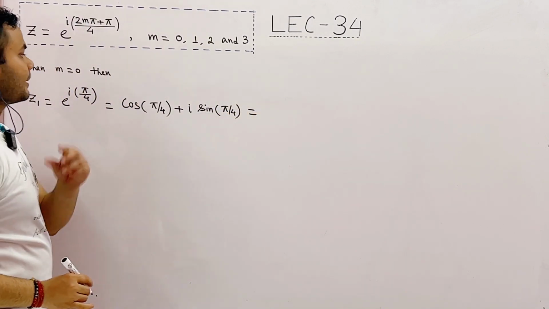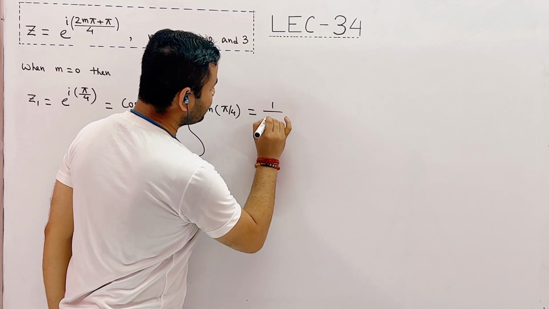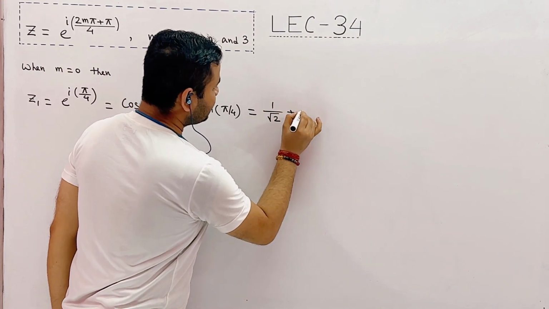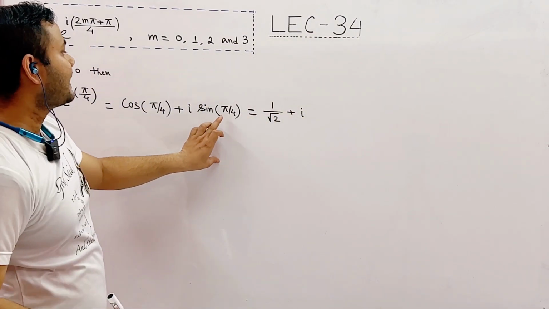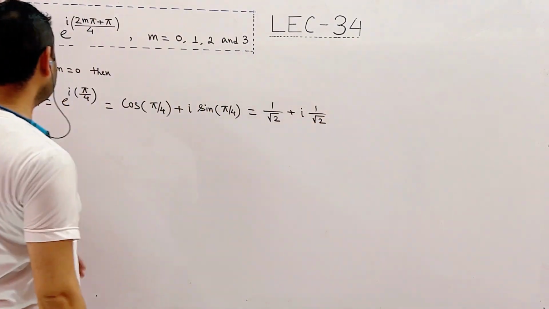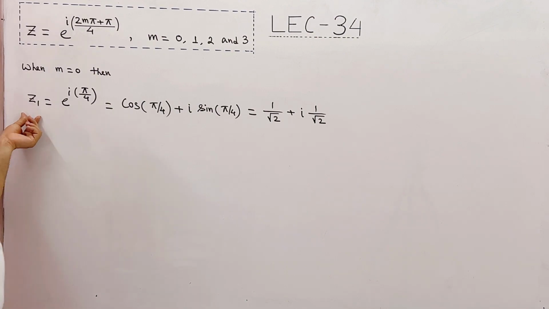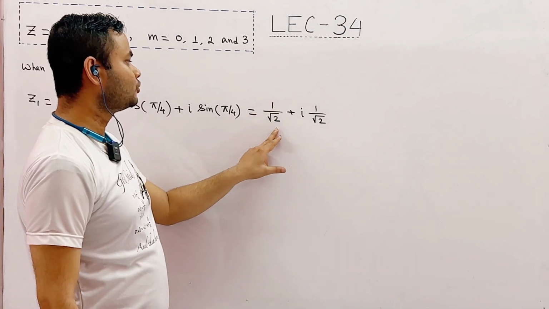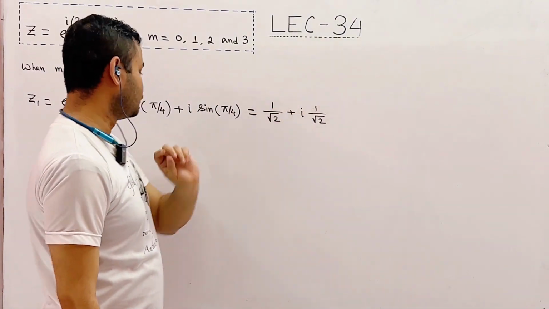We know cos pi by 4 value is 1 by root 2 and sin pi by 4 value is 1 by root 2. So the location of the first pole is at 1 by root 2 plus iota 1 by root 2.